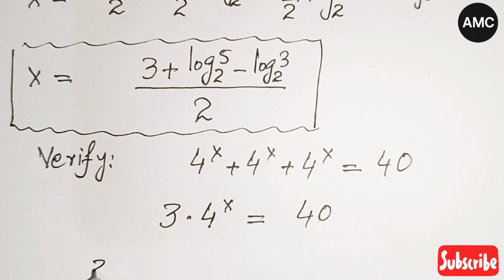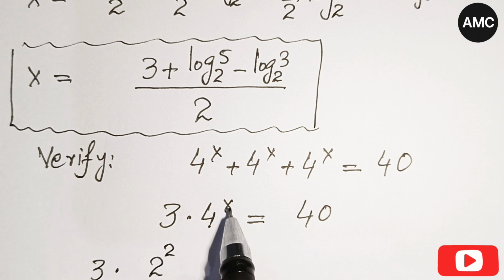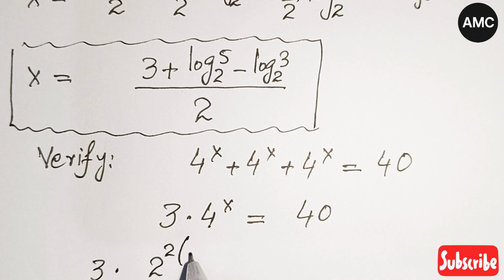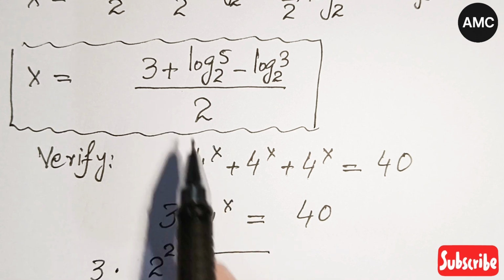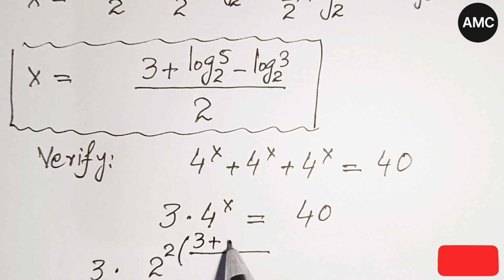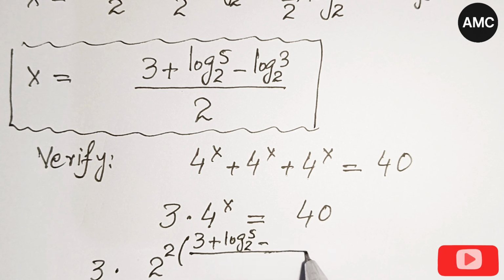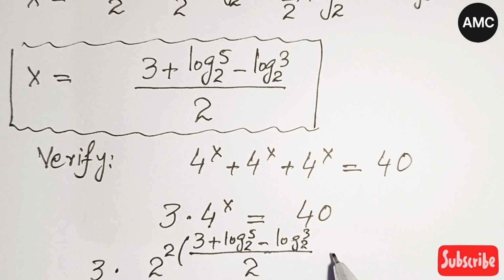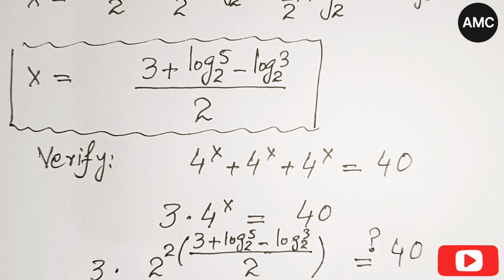Putting in the value of x, 3 times 4, which can also be written as 2 squared, to the power x. So the value of x is 3 plus log 5 to base 2 minus log 3 to base 2, all over 2. Is it equal to 40?